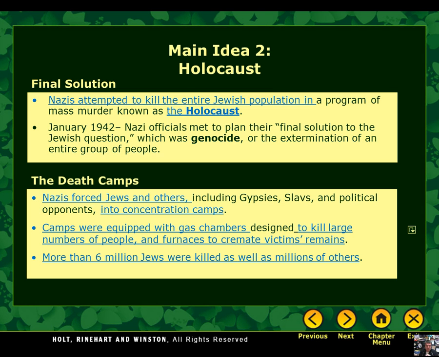As a result of this, more than 6 million Jews were killed, as well as millions of others. Okay? It was a very horrible situation, and many soldiers wrote about in their letters home the horrors that they saw when they encountered these camps.